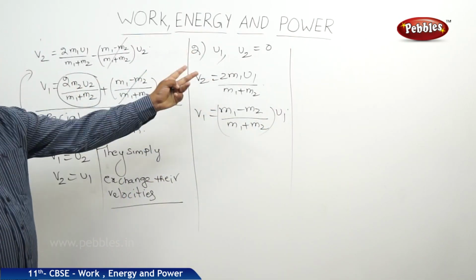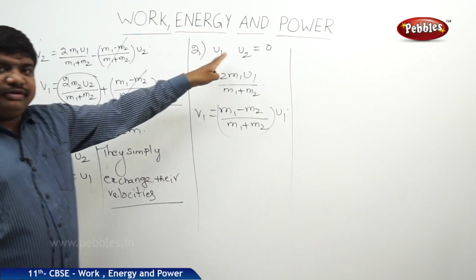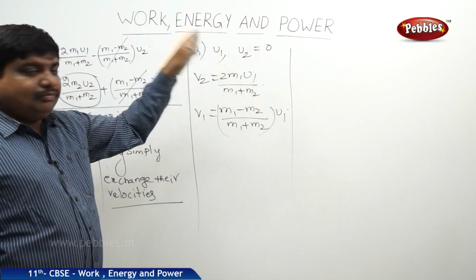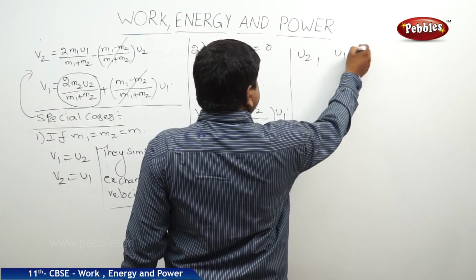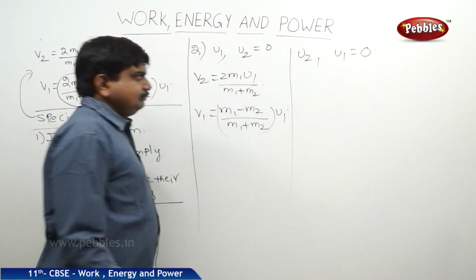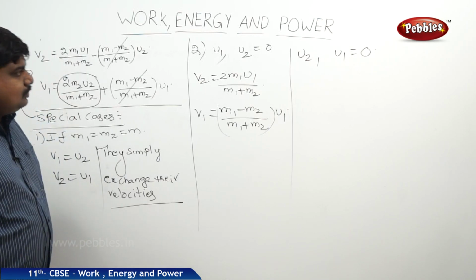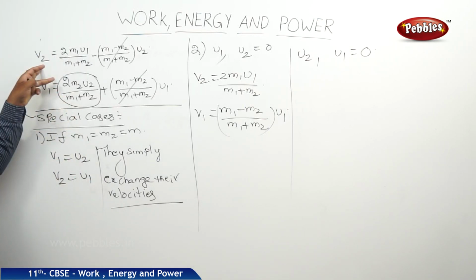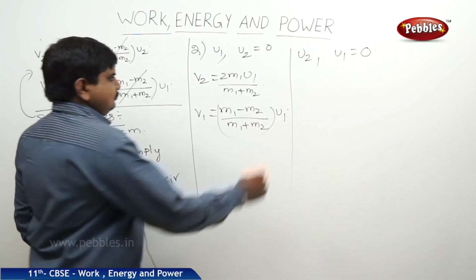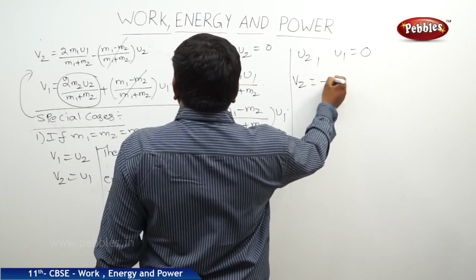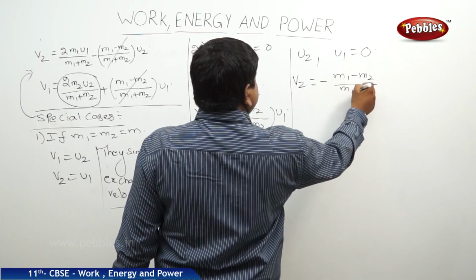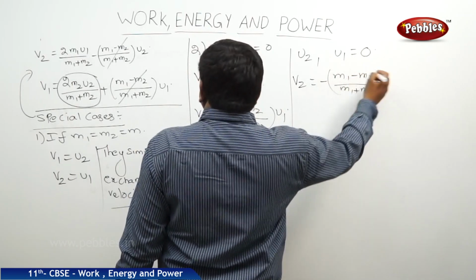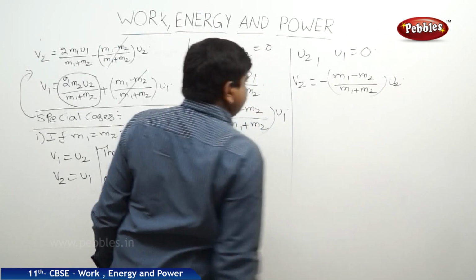If we exchange the case, meaning the second body is moving with velocity u2 but the first body is at rest, so u1 is equal to 0. Therefore v2 is equal to minus of (m1 minus m2) by (m1 plus m2) of u2.